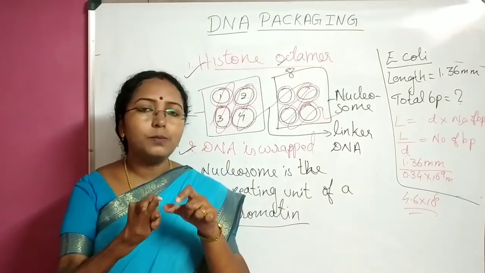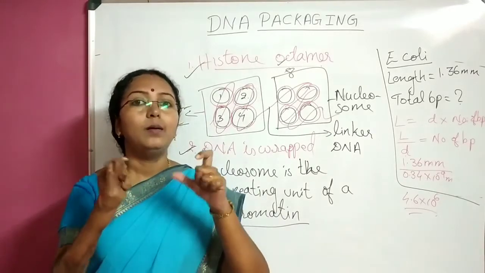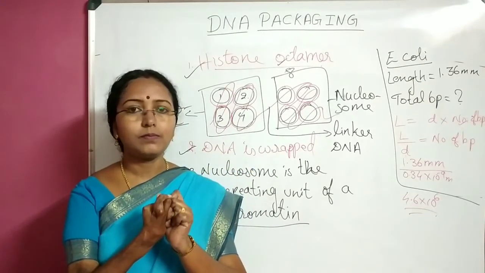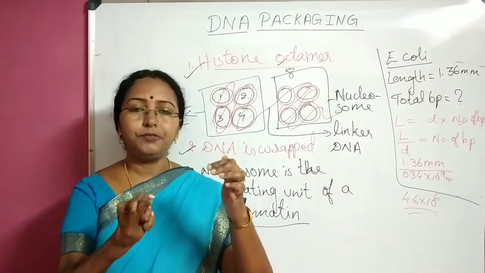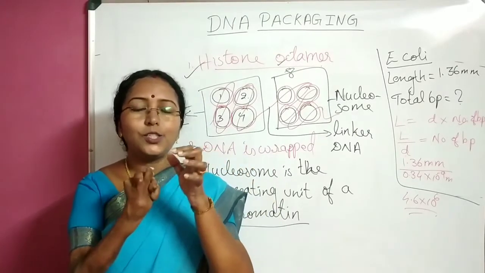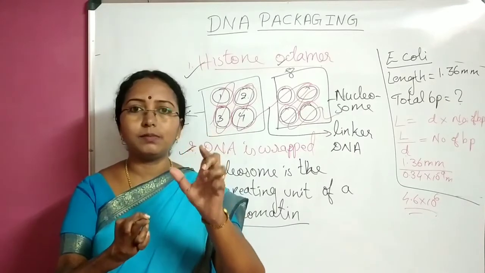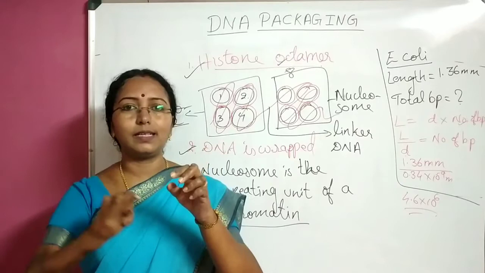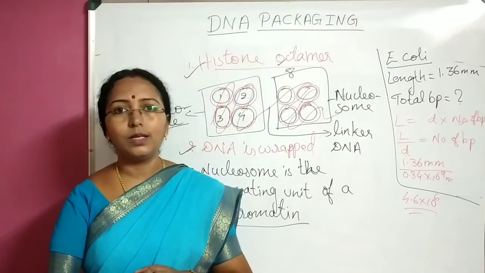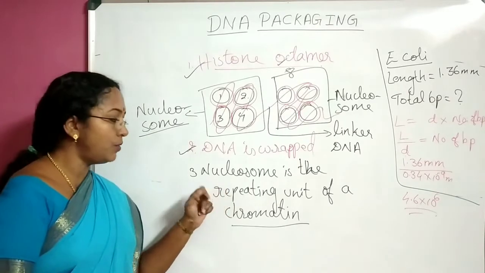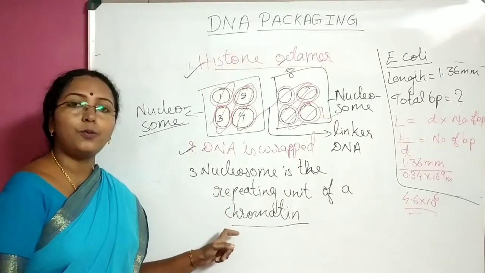But this chromosome is visible only during the metaphase of cell division. Isn't it? That means at metaphase, the chromatin condenses maximum. It shortens and thickens to the maximum, that is condensation happens. So it becomes visible as X-like structures, chromosomes. So what is the repeating unit there? It is a nucleosome, which is the repeating unit in the chromatin.